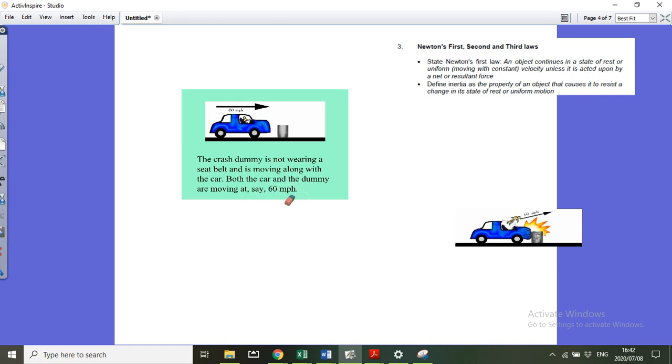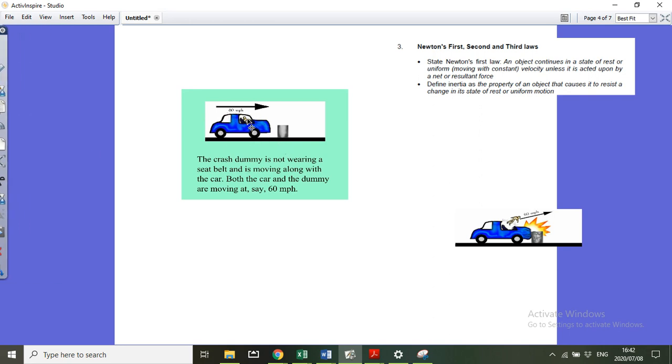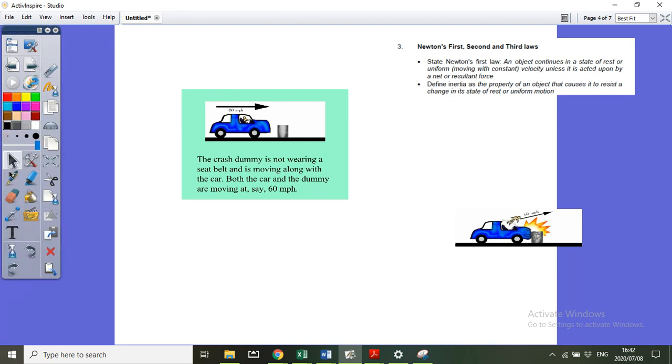Now they're traveling at 60 miles per hour, it's obviously an American example. So that means the car, as well as the dummy, is moving at 60 meters per second or miles per hour. I'm just going to say meters per second in a forward direction.